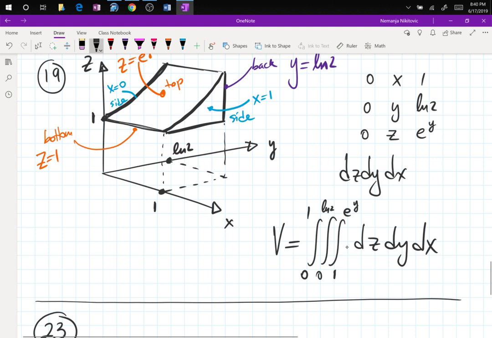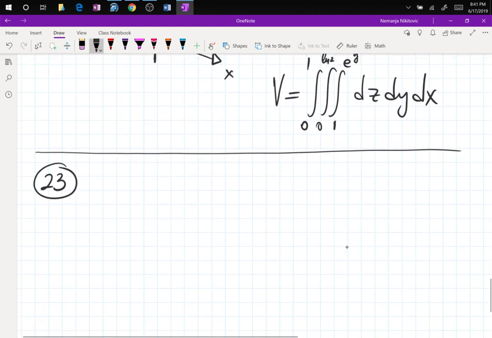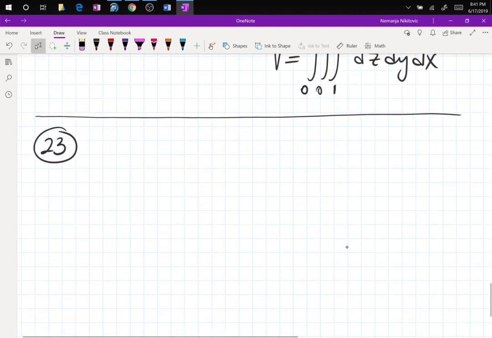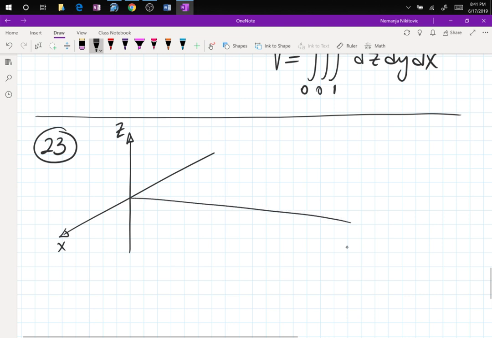23. I'm going to draw this now. Let's see. Yeah. Thank you for picking this and no thank you at the same time, right? So we have our x and z axes, and then we have our y axis.